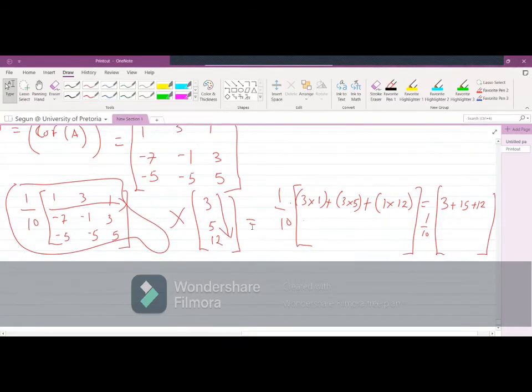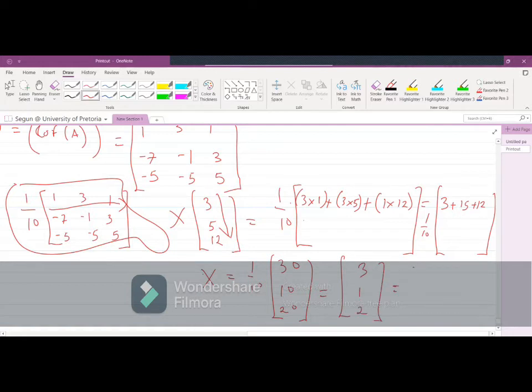So at the end of the day, our x will be 1/10 in brackets: the first one is 30, the second one is 10, and if you do it very well, the last one is 20. Dividing by 10, you have 3, 1, 2.